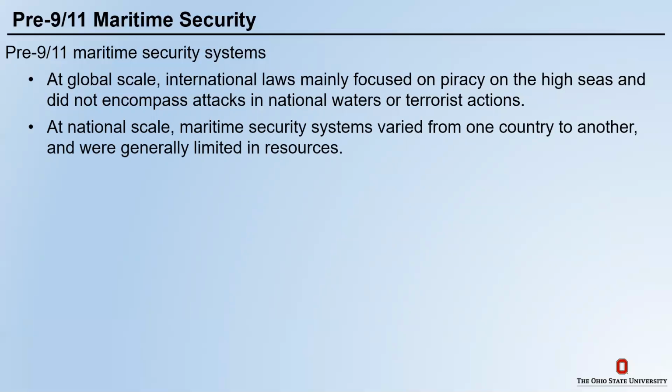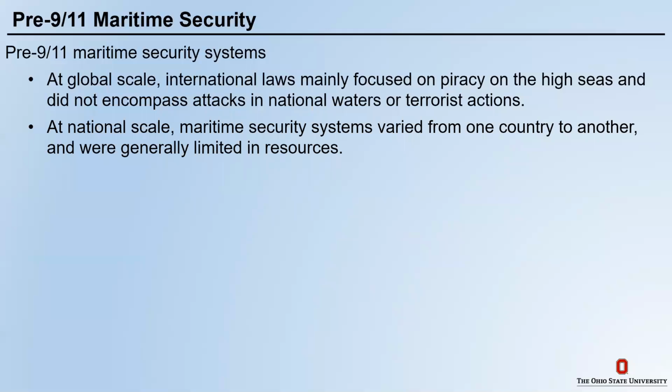At national scale, maritime security systems varied from one country to another and were generally limited in resources because, like the figure I showed you before, most terrorist attacks happen inland instead of on seas or in maritime transportation systems.